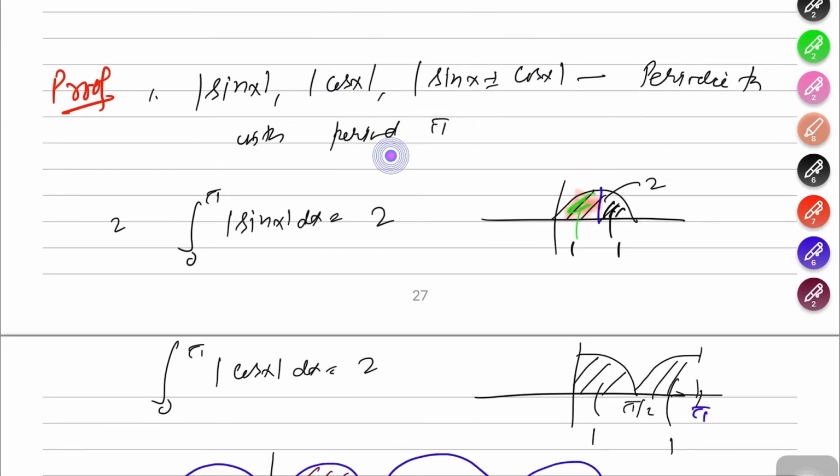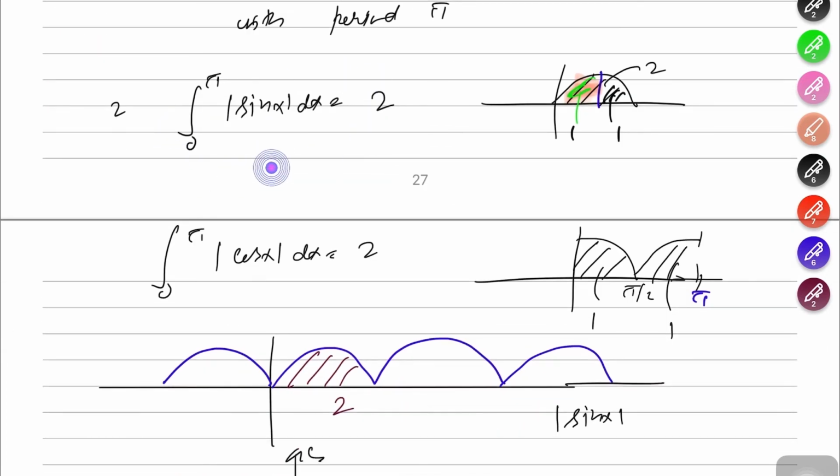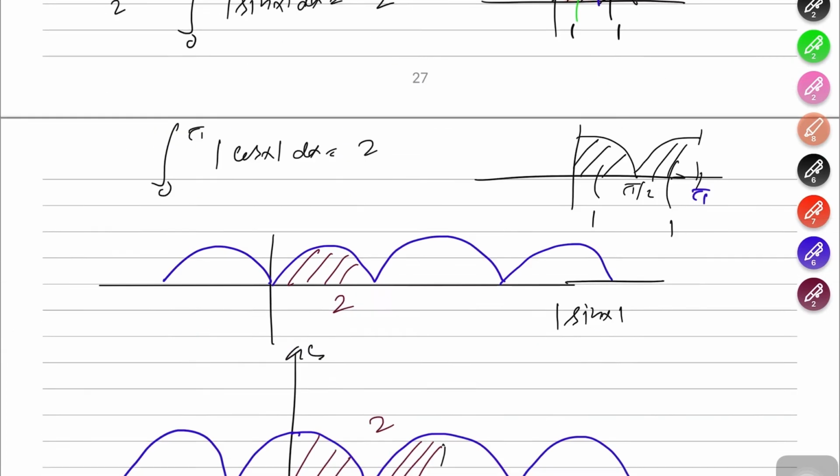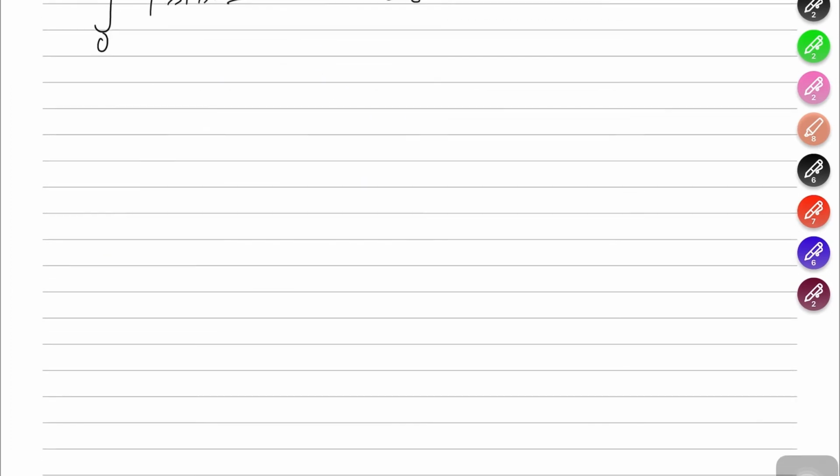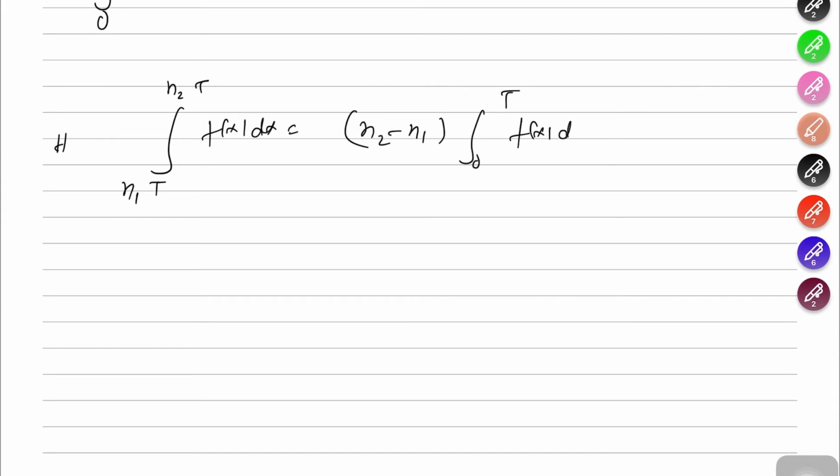So you should know, first of all, that for a periodic function with period pi, for one period, 0 to pi, their area is 2. Their value of integral is 2, and for sin plus minus cos it is 2 root 2. Now, next thing we should know is that for any periodic function, the integral from n1 t to n2 t of f(x) dx is given by n2 minus n1 times the integral from 0 to t of f(x) dx.